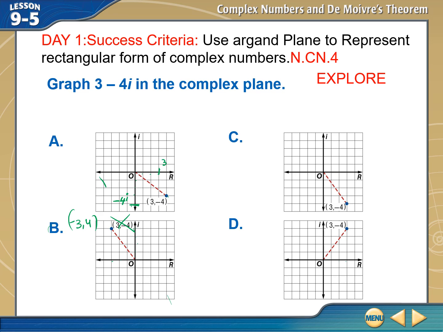So on the fourth part, they are sketching 3 and 4, not 3 and -4. Now let's see the third part, C part. So 1, 2, 3 is here and -i, -2i, -3i and -4i is here. So yes, this is our answer. So C is our actual answer.